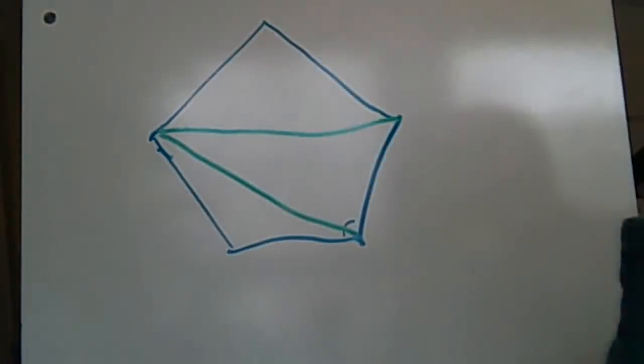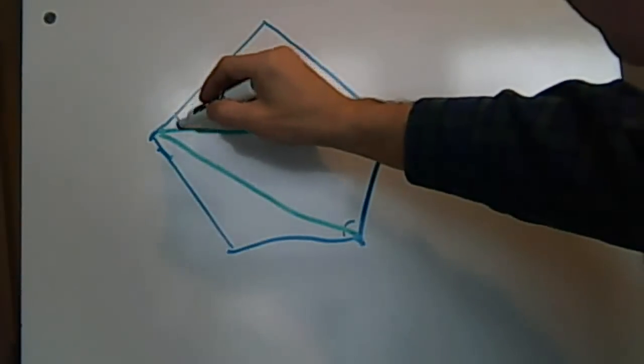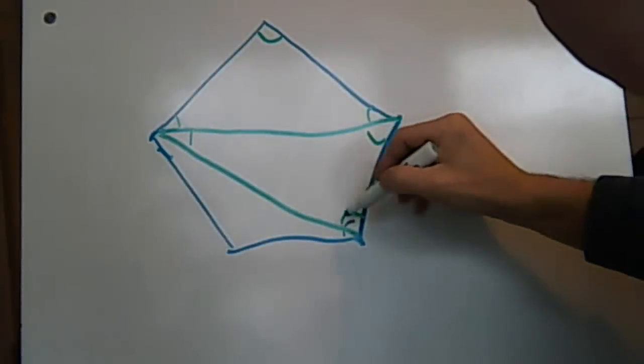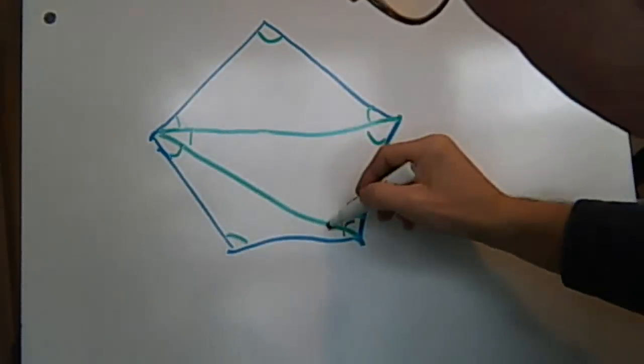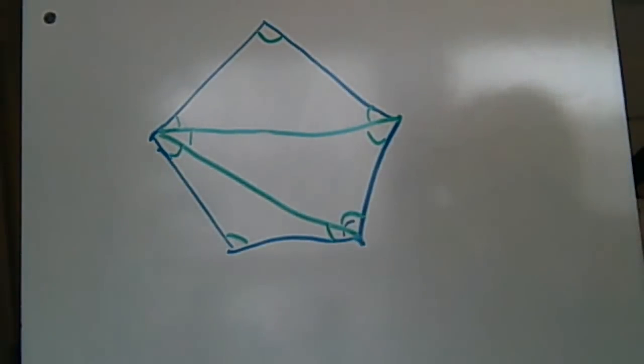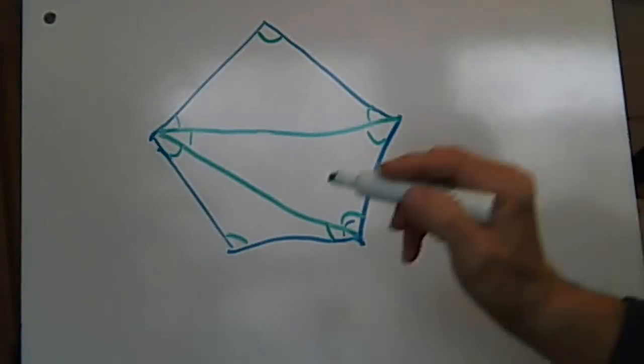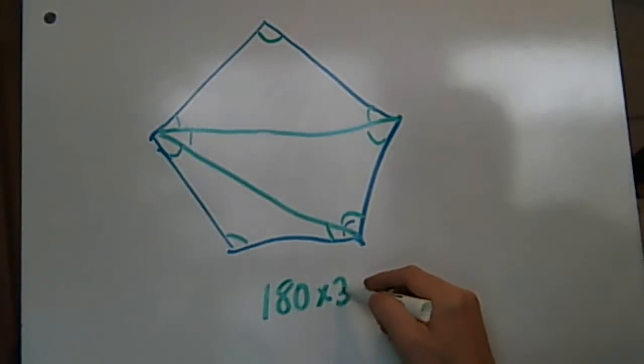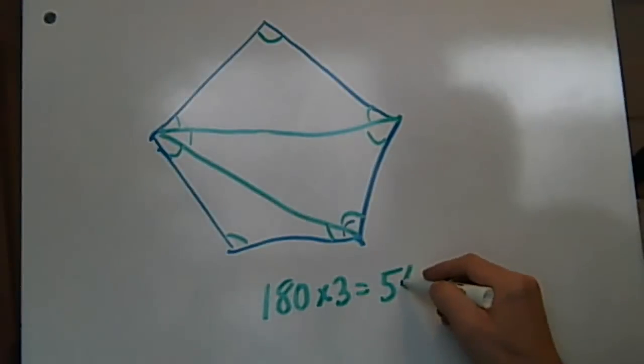In each triangle, the sum of the 3 angles has to equal 180 degrees. Since there are 3 triangles, you have 180 times 3. That's 540.